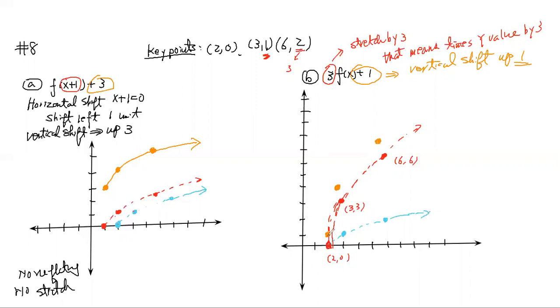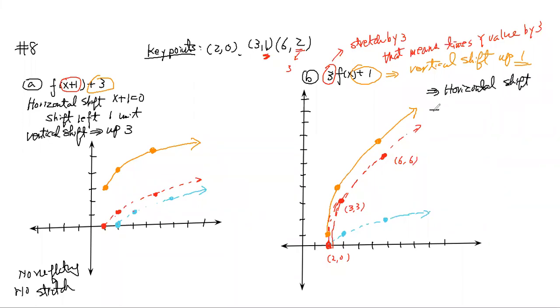So this is what my graph looks like with the solid lines, right? So from this one, there is no horizontal shift, right?